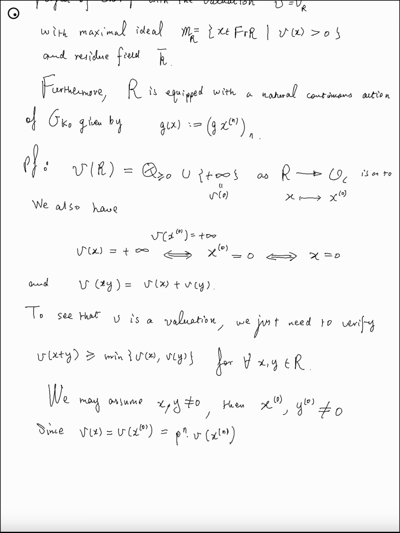And so you could make V of X_n as small as you want when you make n big enough. So there exists n such that this will be smaller than 1, and both X and Y are smaller than 1.